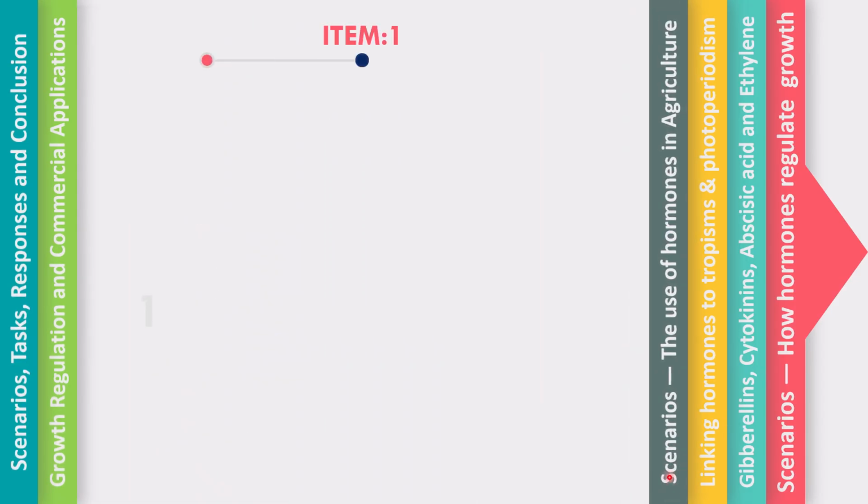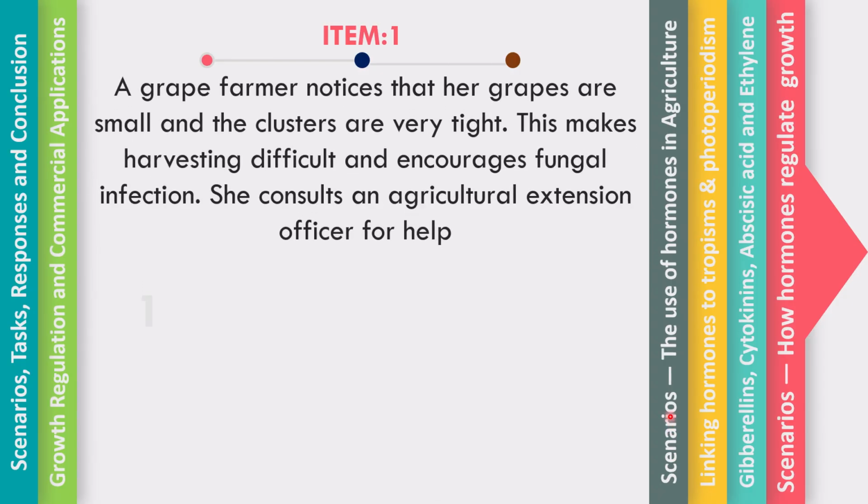Let us look at some scenarios on the use of hormones in agriculture. Item 1. A grape farmer notices that her grapes are small and clusters are very tight. This makes harvesting difficult and encourages fungal infection.